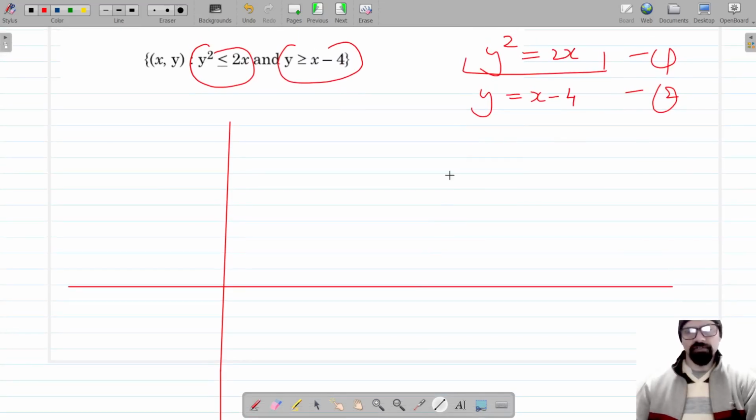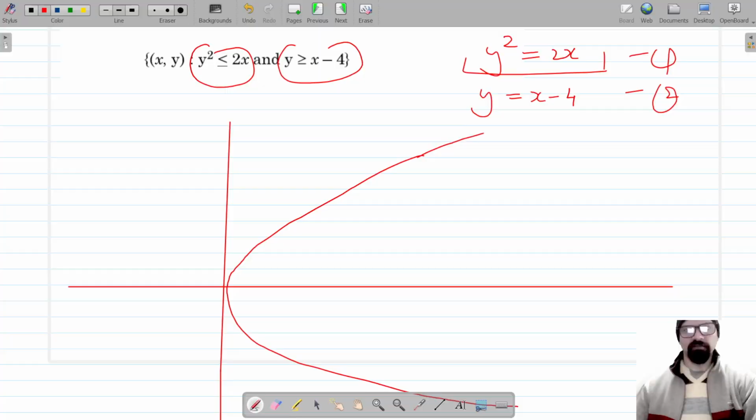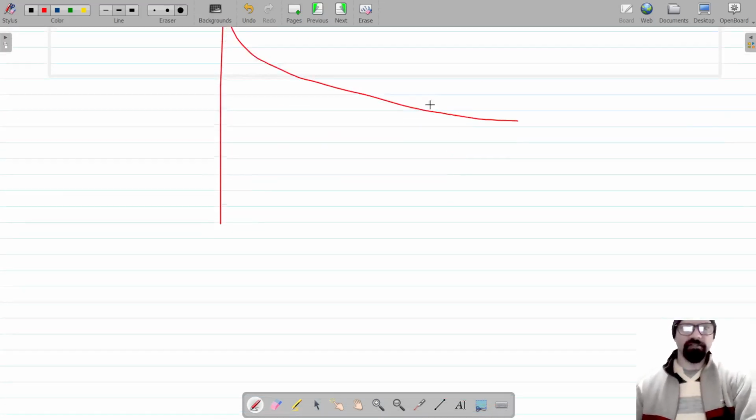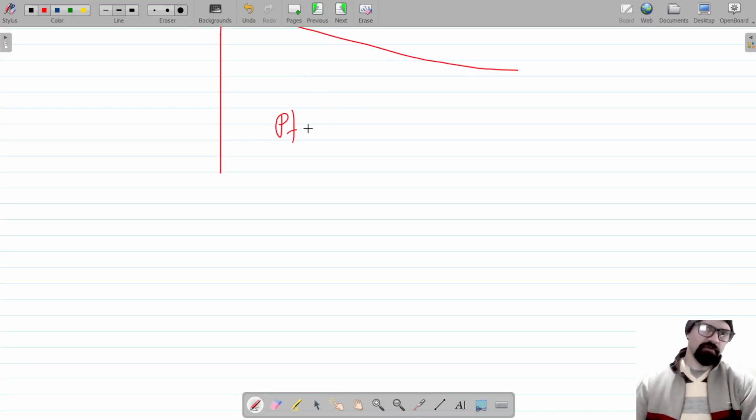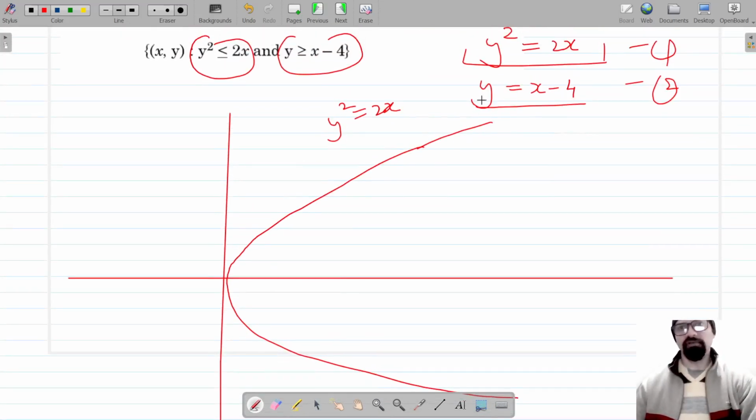Now our equation of the parabola, this will open up on the x-axis. This is the equation of the parabola, y squared is equal to 2x, and the equation of this line. Now this line, we have to find the point of intersection. This equation of the line will be a straight line.